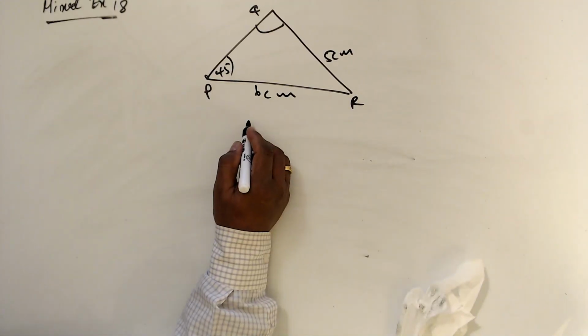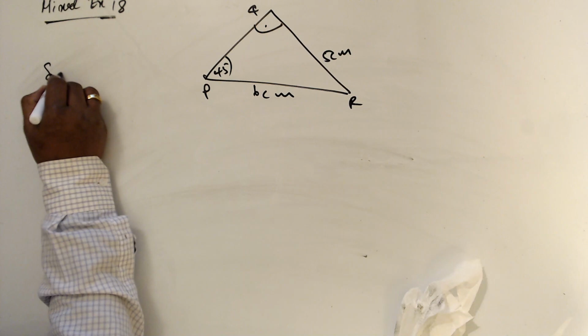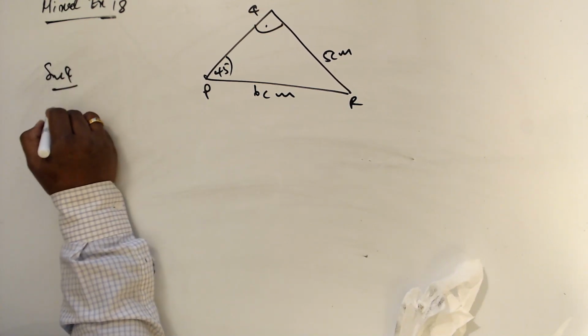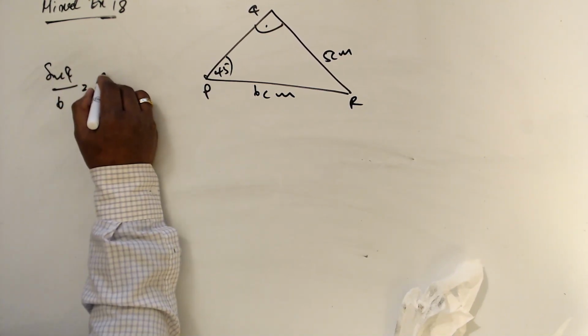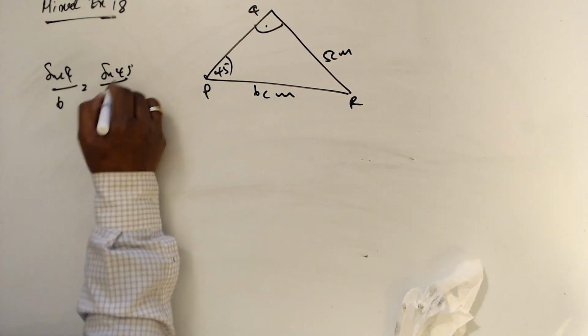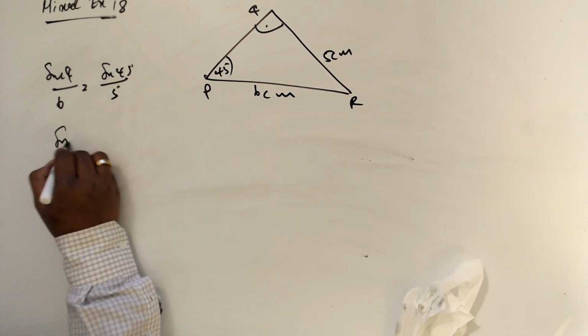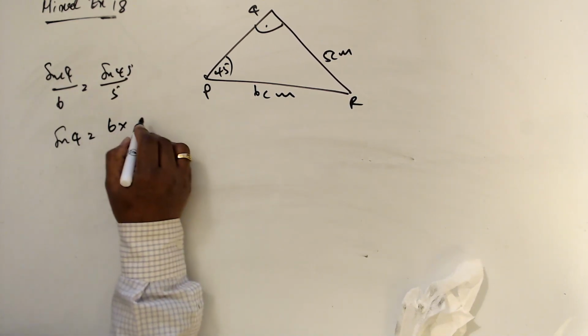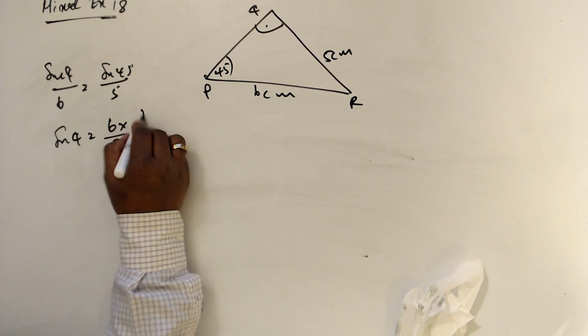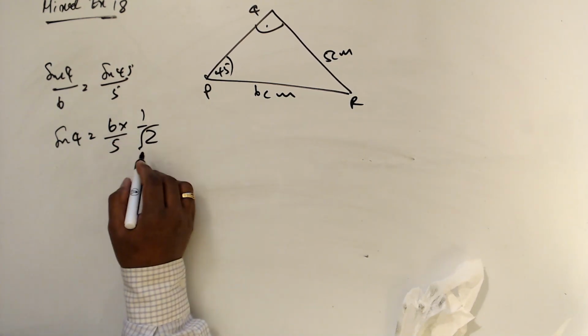We can use the sine rule to find sine q. Sine q over 6 equals sine 45 over 5. So sine q equals 6 times 1 over square root 2, over 5.